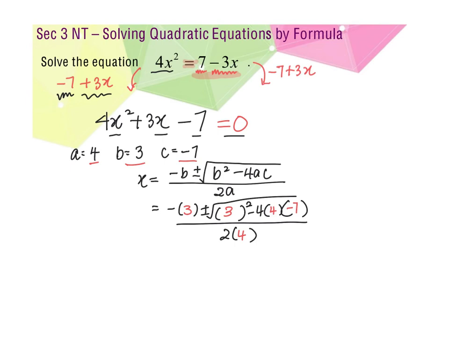Then we'll key into our calculator mode 3 to get our first solution. Mode 3, a is 4, b is 3, c is negative 7. And I have x equals 1, or second solution, x equals negative 7 over 4. Or we can use decimal, negative 1.75. But this is to find the answer.